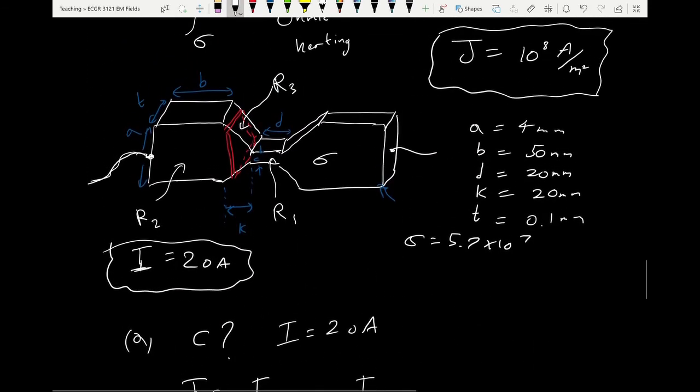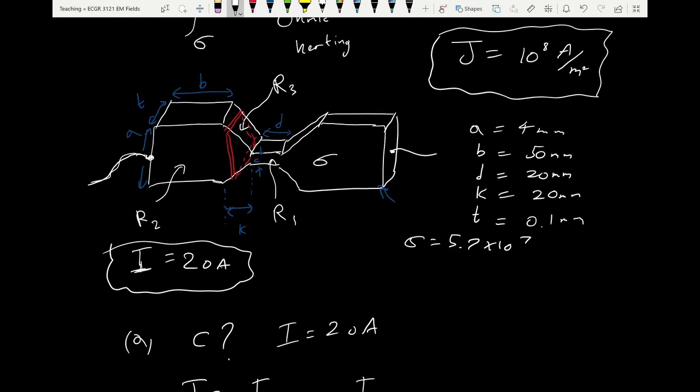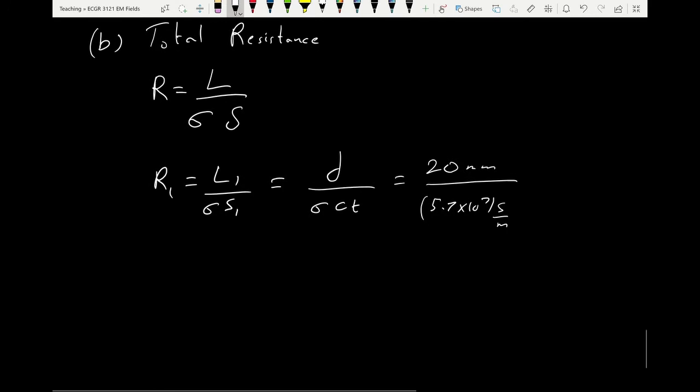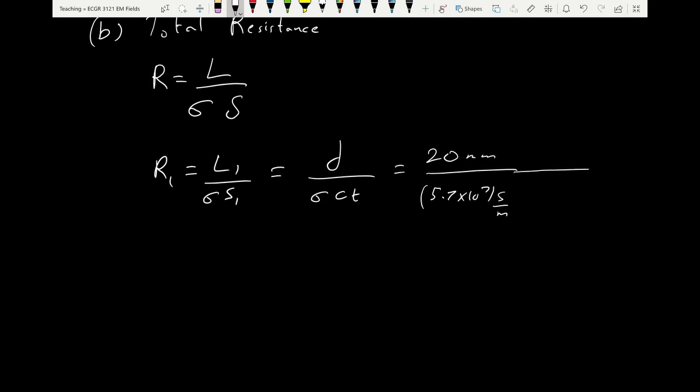And the cross-sectional surface is C times T. So it's going to be D over sigma C times T. I know all the values here, so if I plug them in, that's 20 millimeters over sigma, which is 5.7 times 10 to the power 7 Siemens per meter, and then C was found to be 2 millimeters, times T, which was 0.1 millimeter.